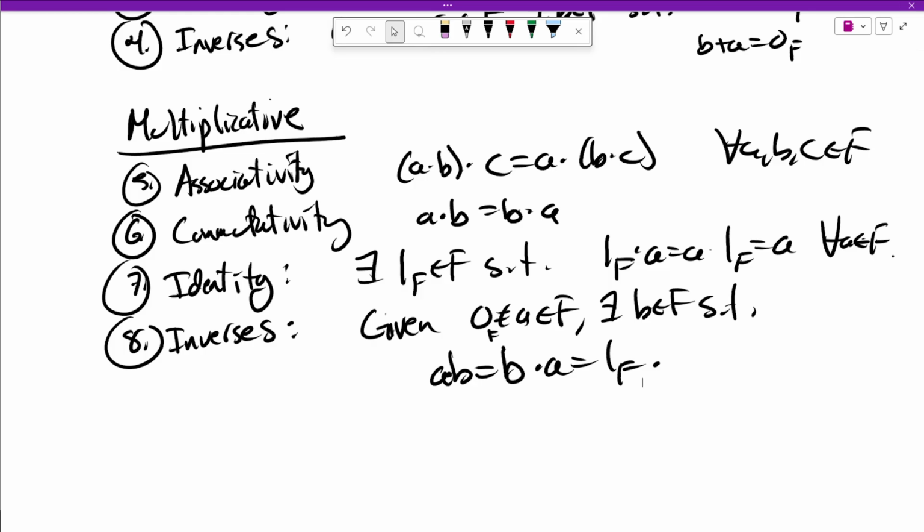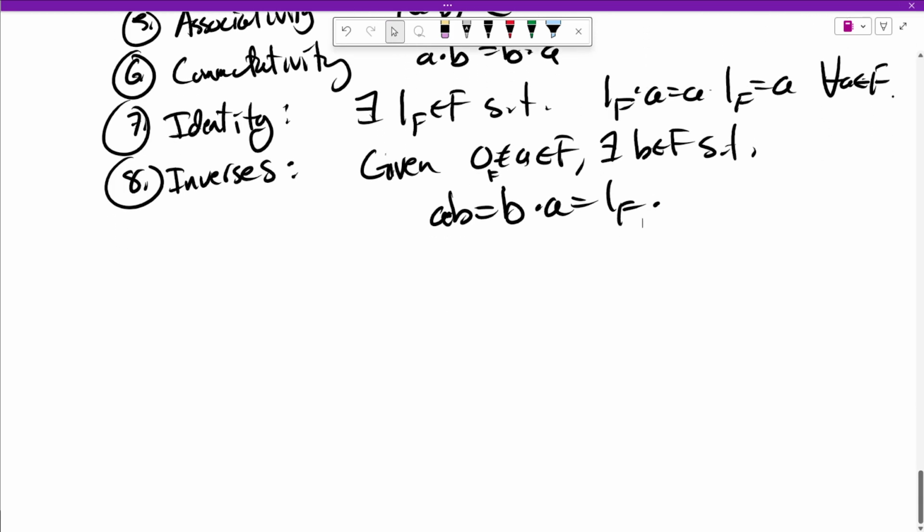All right. Great. So there's 2 more axioms. These are the sort of intertwining axioms. I like to think about them as an intertwining collection, intertwining the addition and multiplication.